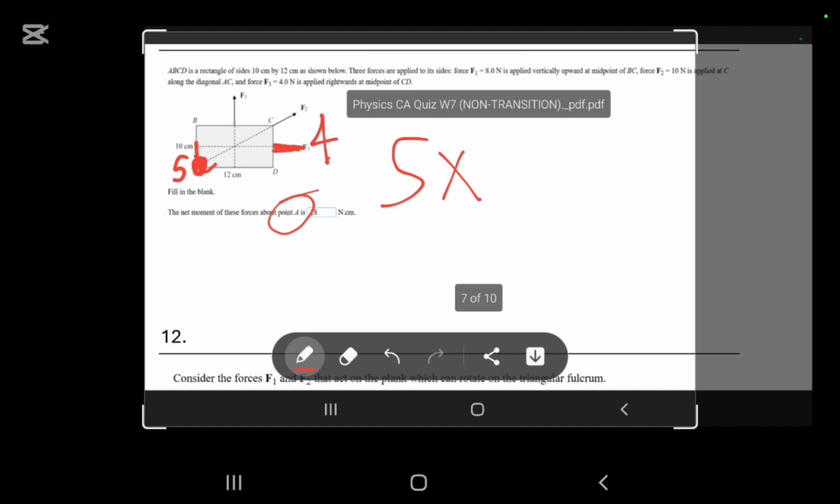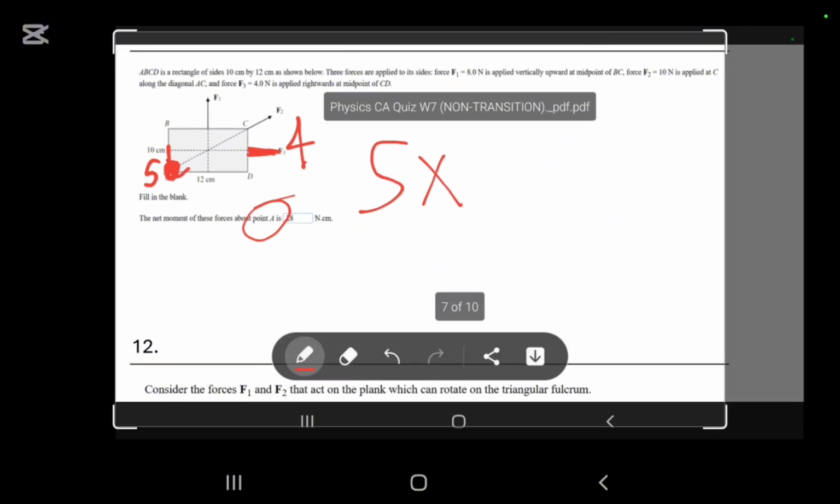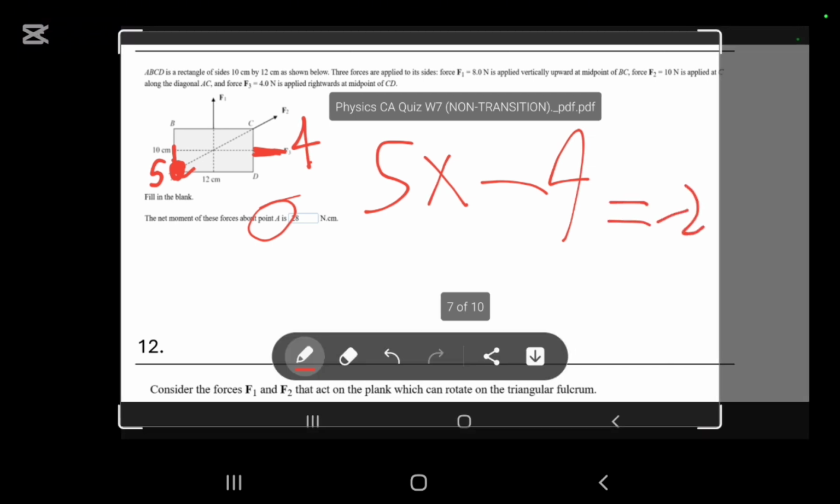You'll find out that it will turn clockwise, which, as I've said many times before, means that the force is negative, so we have negative 20.